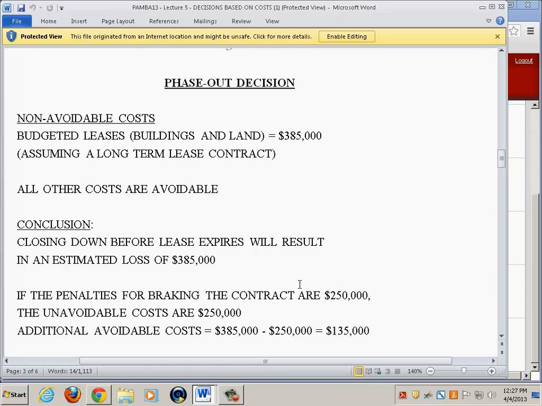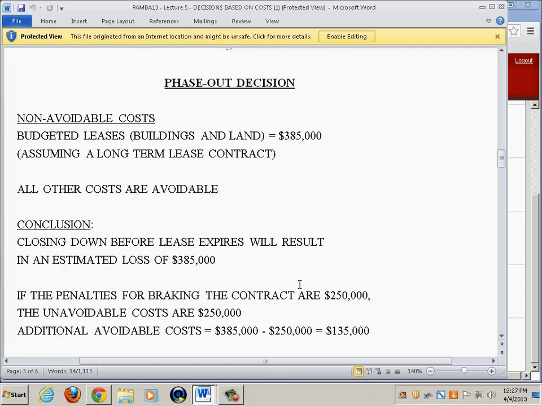So then the question may be, well, if that's the case, maybe we should phase out. Maybe we should eliminate this car rental location because under the best of circumstances, it will be losing money. But if you want to consider phasing out, you have to undergo careful cost analysis.